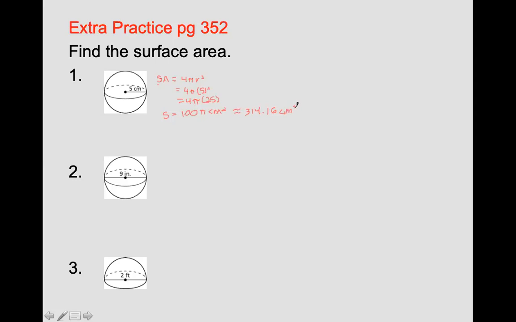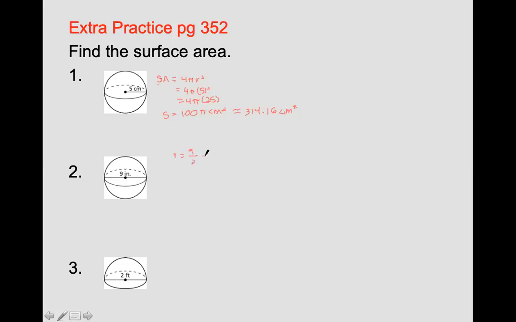All right, on the second one, remember, our formulas are all in terms of radii, so we're given a diameter here of 9 inches. So if our diameter is 9 inches, that means our radius is half of 9.